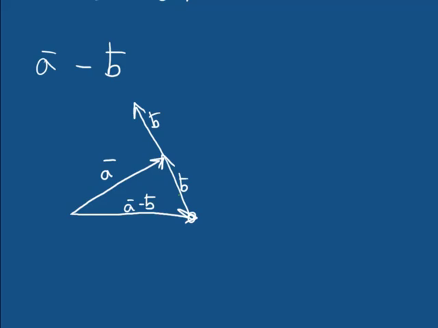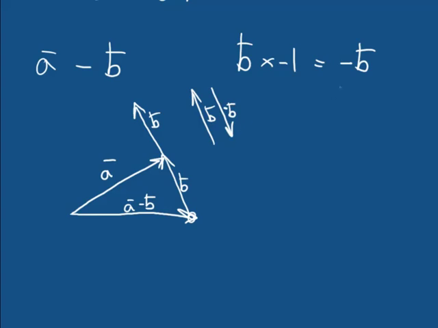Now that we have, we can see that if we had this vector up here, vector b, and we multiplied b by -1, we're going to get the vector minus b. In other words, it's the same vector except its direction has been reversed.